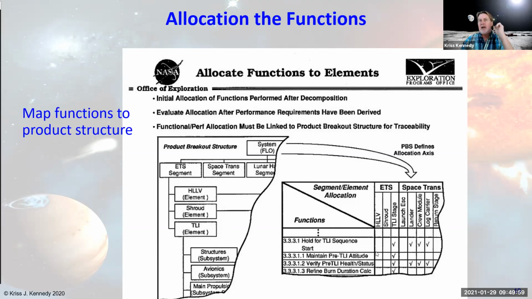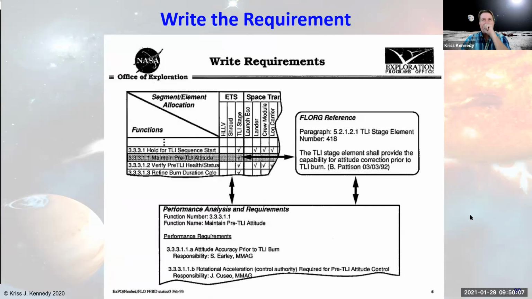You begin to map all those functions down the left side to all the different elements that are part of the system. And then once you have that and understand that, you can begin to write your functional requirements and then also your performance requirements. And remember the difference between functional requirements and performance requirements.